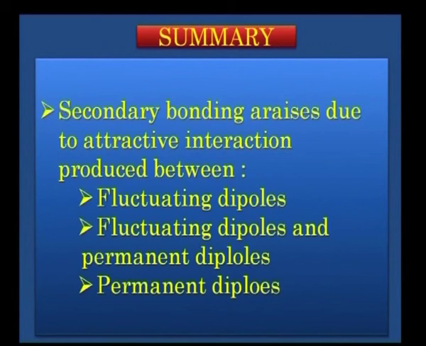And let us now pass on to the summary session. The secondary bonding arises due to attractive interaction produced between fluctuating dipoles, or the interaction occurring between fluctuating dipoles and permanent dipoles, or between permanent dipoles, as in the case of van der Waals interaction, that is, attraction occurring between permanent dipoles, right.